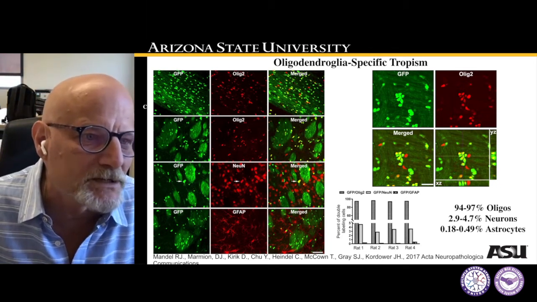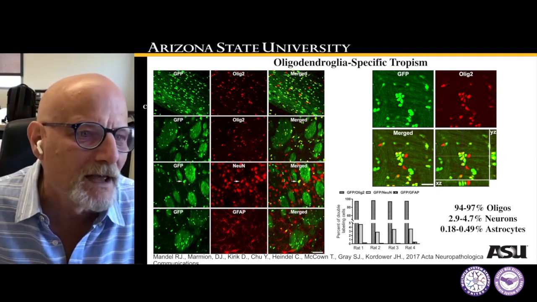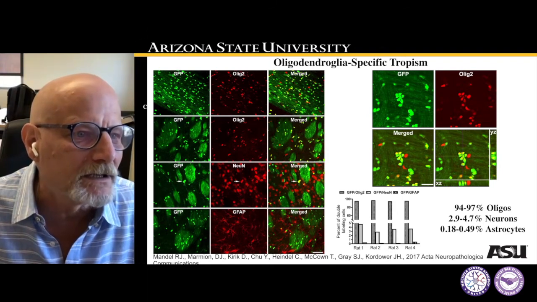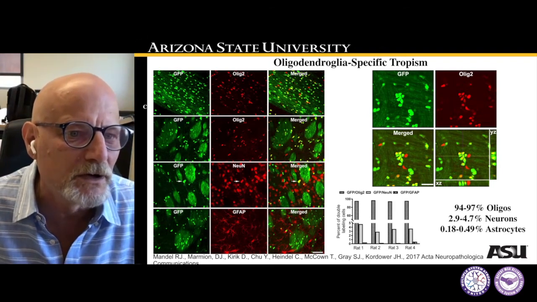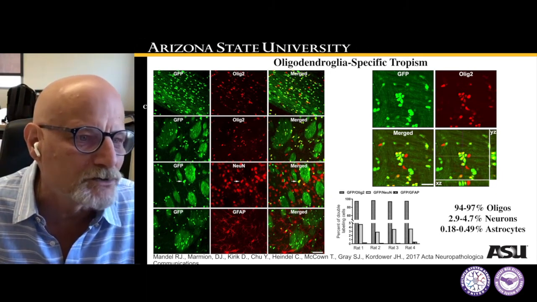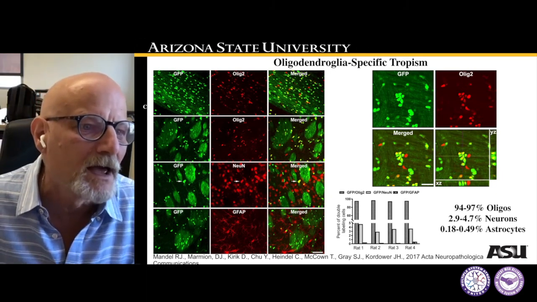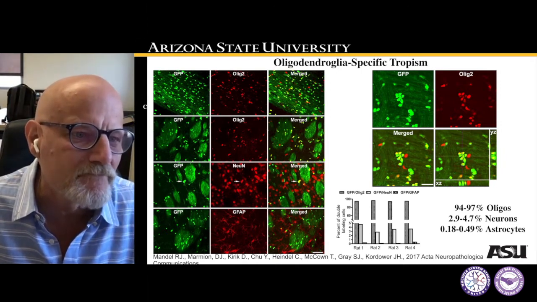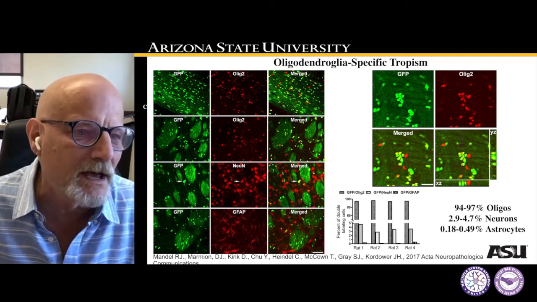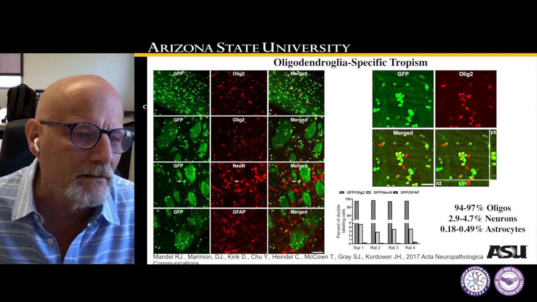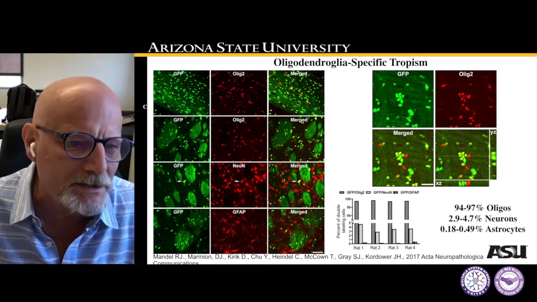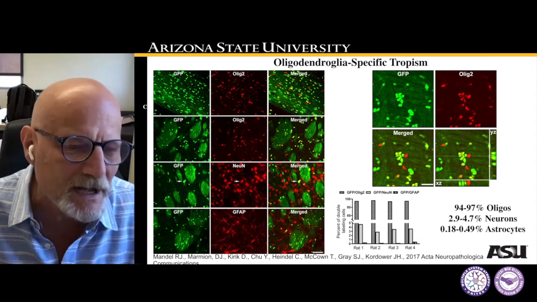So then we wanted to confirm the tropism that we saw on the slide previously. You can see where we double labeled for GFP and OLIG2, which is an oligodendroglial marker. And when it's merged, almost all the cells are transfected. You can see the yellow here. If you look at GFP and NeuN, looking at transfection in neurons, very rarely do you see any positive transfection.